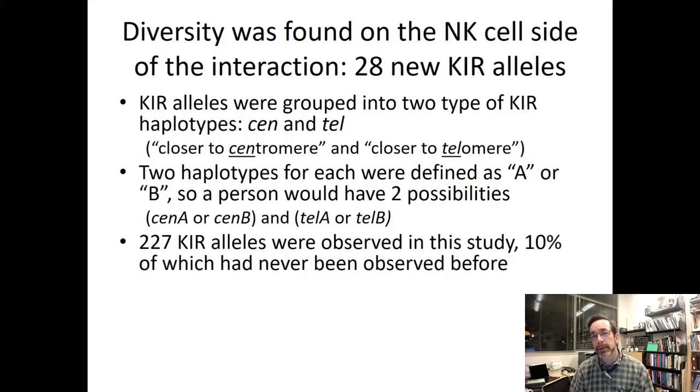There's so much diversity among the KIR alleles that this is kind of hard to do, and it's statistically complicated. So there were 227 KIR alleles observed among the 170 or so people that they looked at, 10% of which they had never seen before.